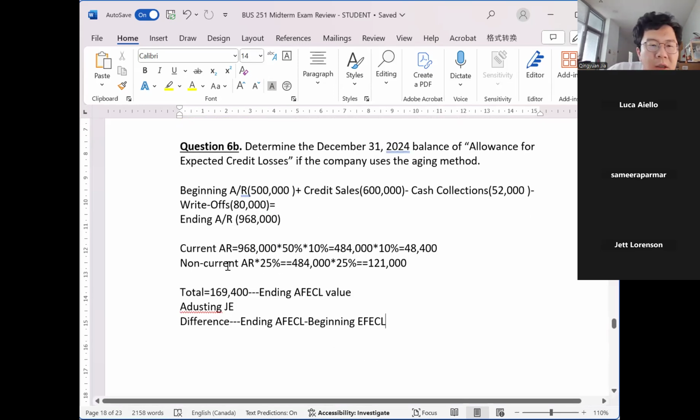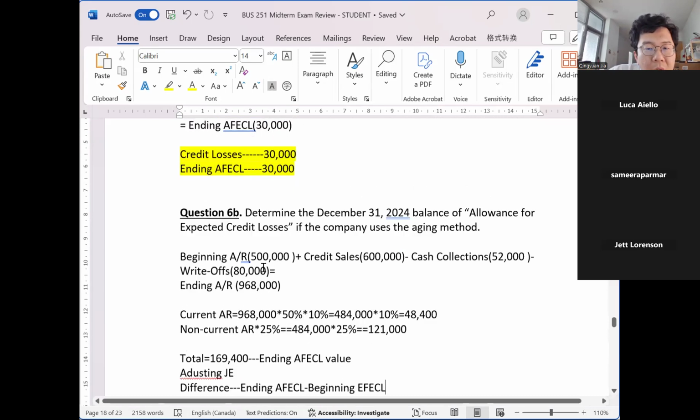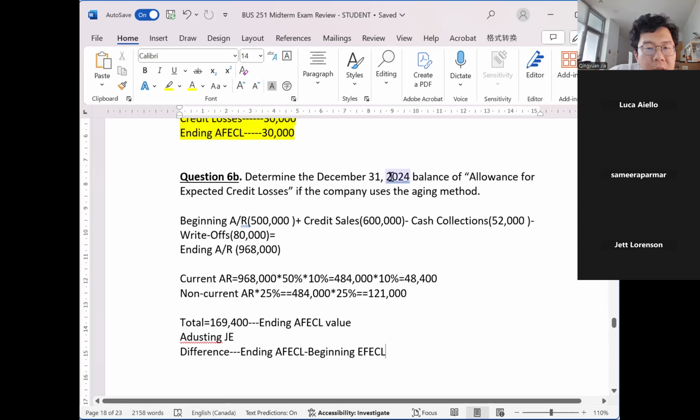But here, we just need to calculate the balance of allowance for expected credit losses. So it ends up here.